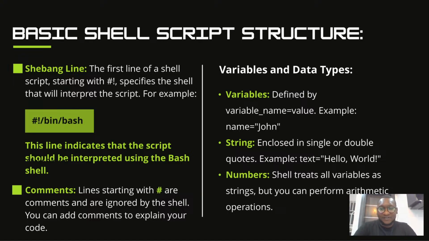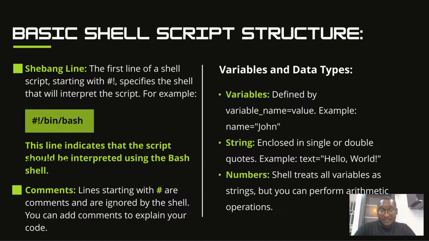Shebang. The shebang line, the first line of a shell script, starts with a hashtag and then an exclamation mark, right? It specifies the shell that will interpret the script. The next thing you see there with the green background, which is hashtag exclamation slash bin slash bash, we call that the shebang.